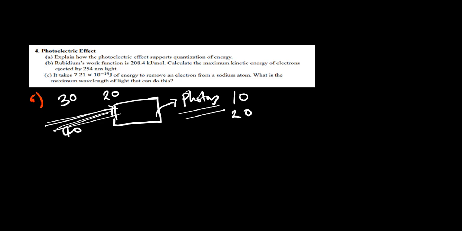Let's say you increase the intensity to 50. Let's say 30 photons will be ejected. What am I driving at? You are able to see that as you are increasing the intensity, the quantity of the photons ejected is increasing.